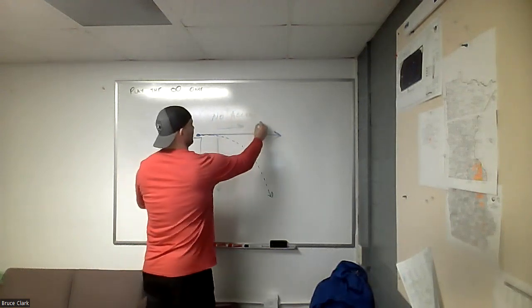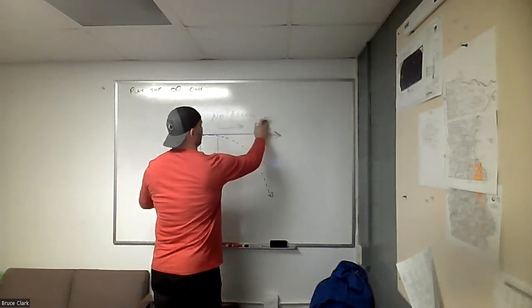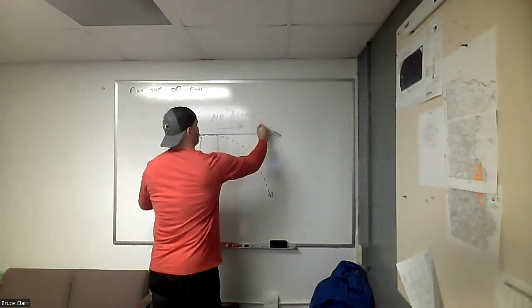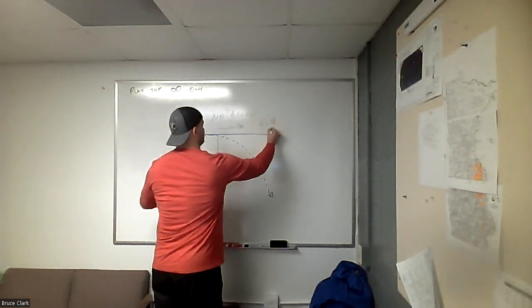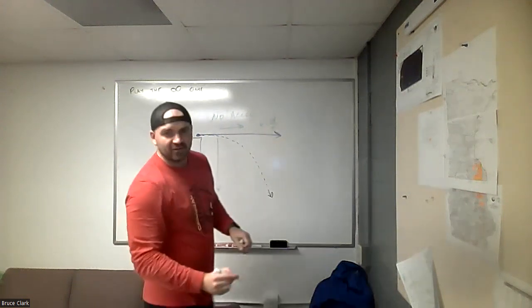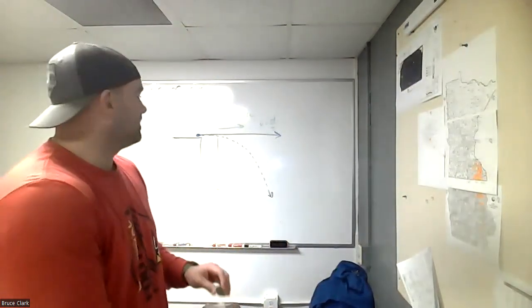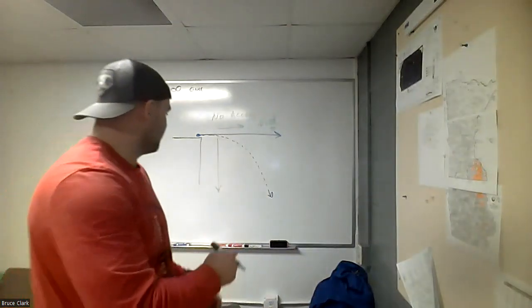So we're just using velocity equals distance over time for our formula there in the horizontal plane. Apologize, that's not easy for you guys to see, but velocity equals distance over time.